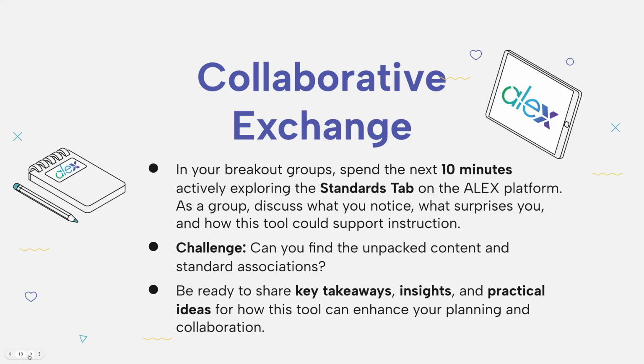I am going to challenge you to see if you can find the unpacked content and the standard associations. I've mentioned those before, but I didn't show you how to find them. So I'm going to challenge you to see if you can figure out within your collaborative groups, can you actually find the unpacked content and the standards associations?